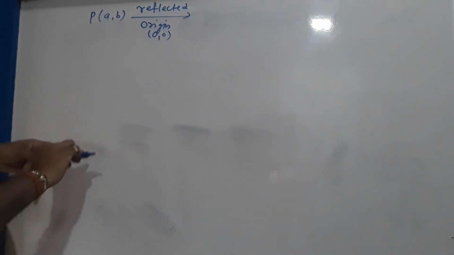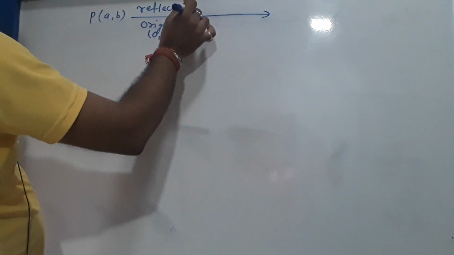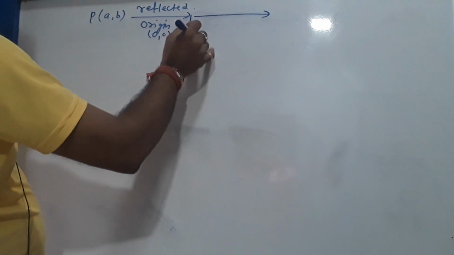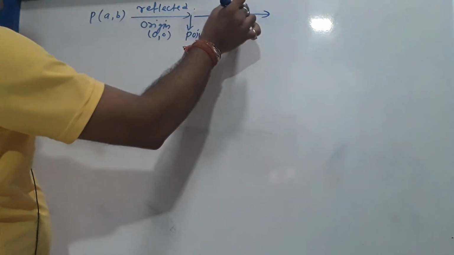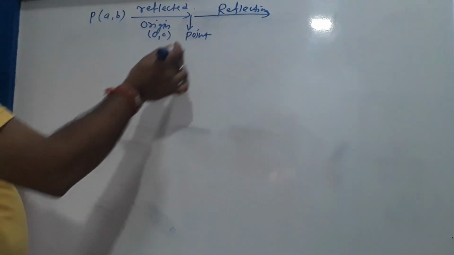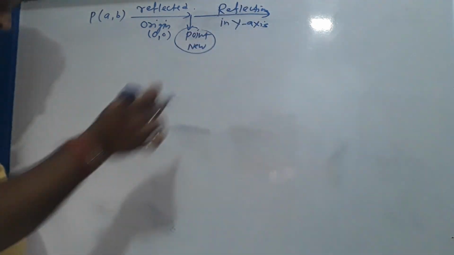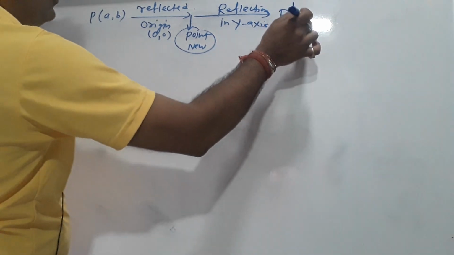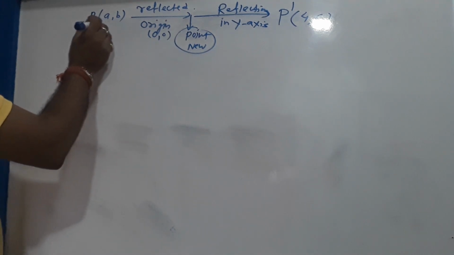Then whichever point you get, that point is reflected in the y-axis, and we get the resultant point as P dash, and the coordinates of P dash are 4, 6. Correct? So find the coordinates of P.